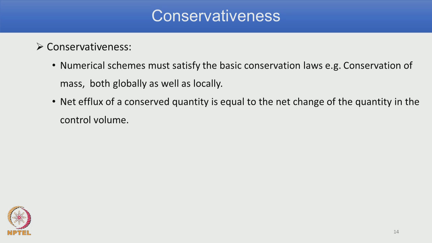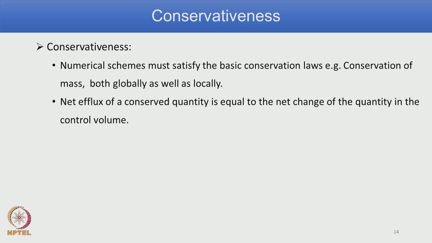So, if you consider finite volume method, I already mentioned the flux crossing is accounted properly between two adjacent control volumes, and if you sum them together for the entire domain, then conservation is automatically satisfied both locally as well as globally. So, net efflux of conserved quantity from one volume is equal to the net change of the quantity in the control volume.